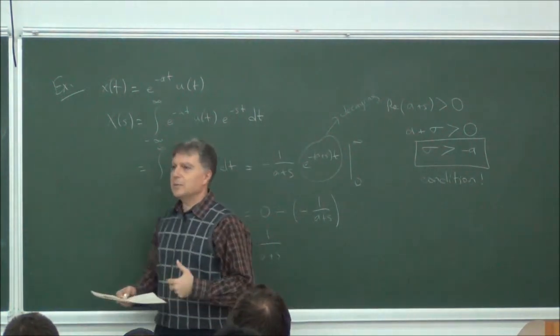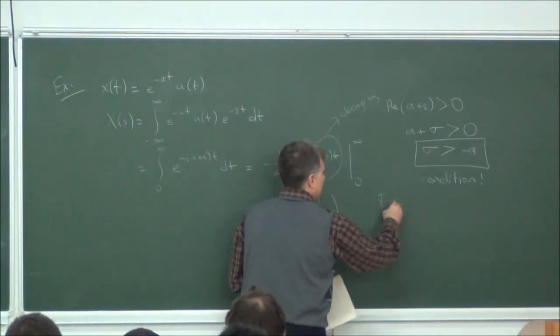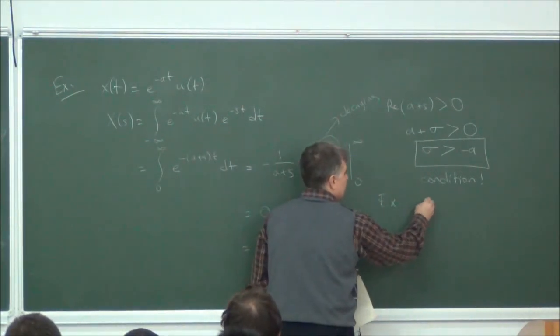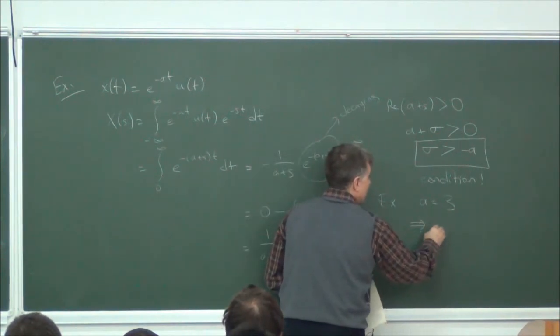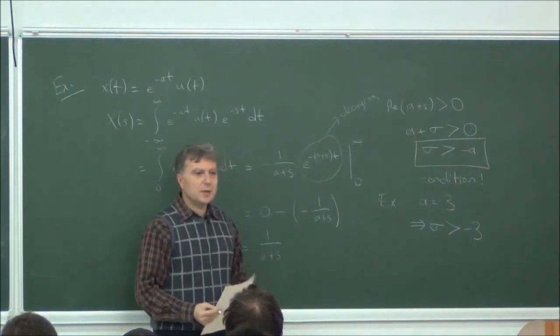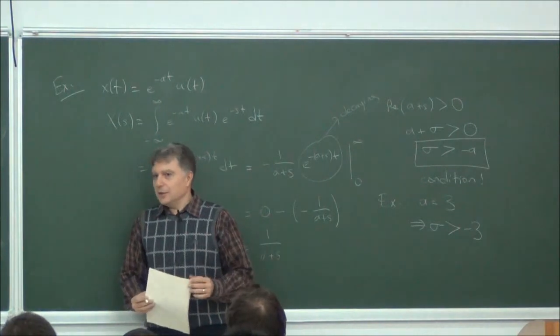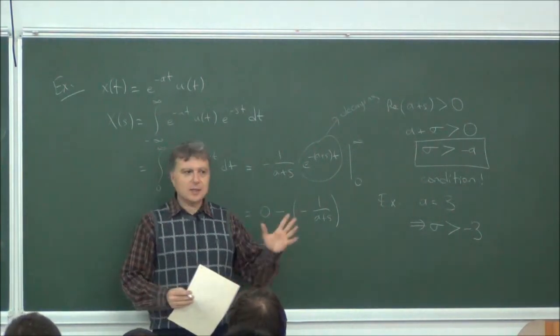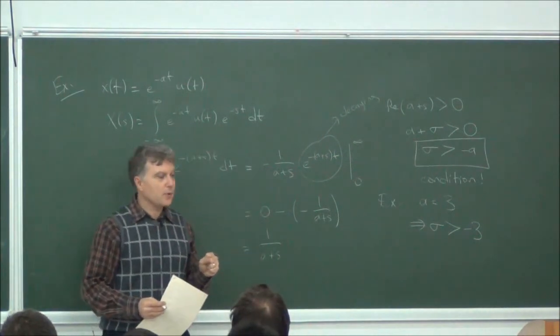For example, the example is a equal to 3, so sigma is greater than minus 3. You must choose sigma to be greater than minus 3. No big deal. You just say that sigma greater than minus 3 is your condition for the existence of the Laplace transform.